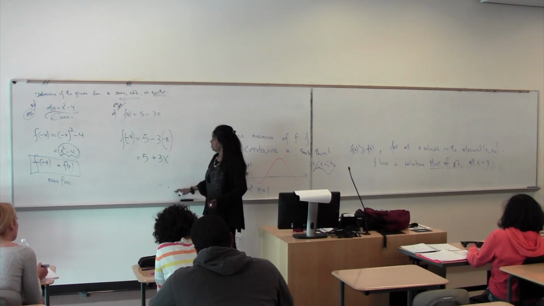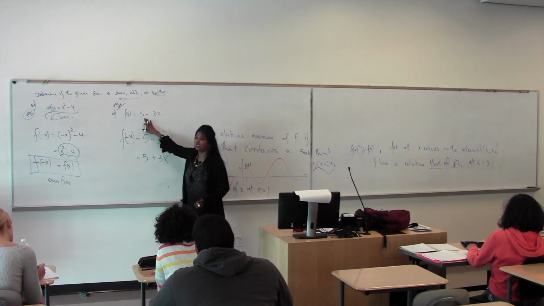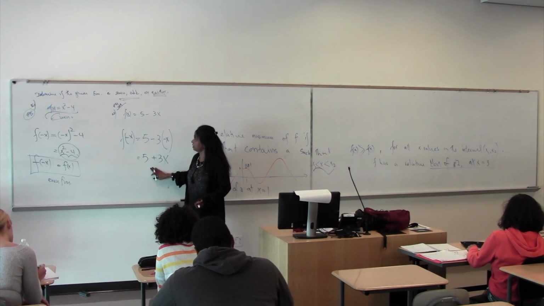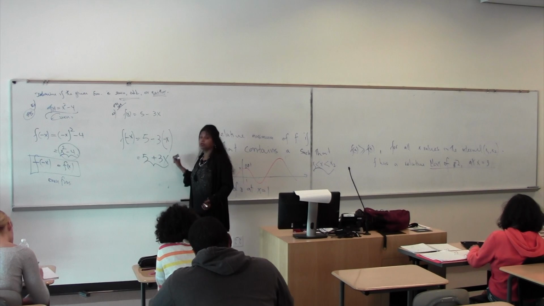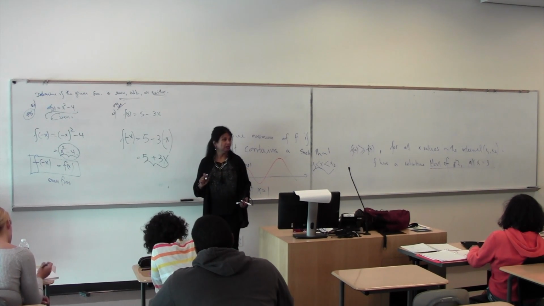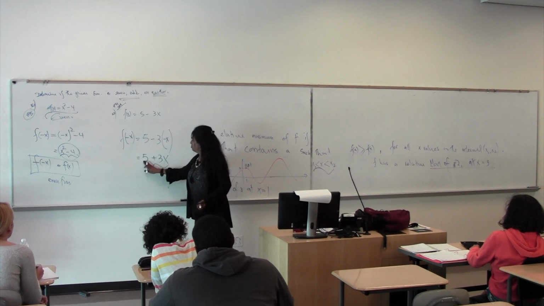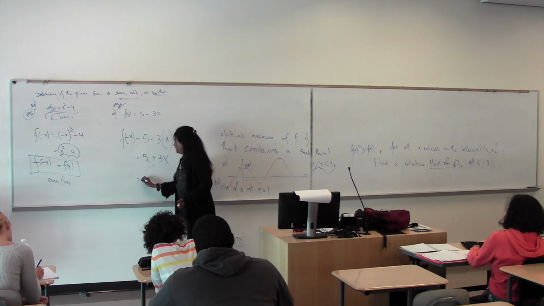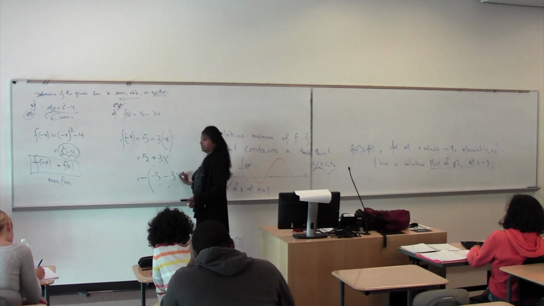Okay. 5 plus 3x, can we write this as f of x? No, we cannot, so it's not an odd function. I mean, sorry, it's not an even function, right? We cannot write this as f of x, because f of x is this. But if you pull out a negative sign, we need to write this as negative 5, negative 3x, correct?